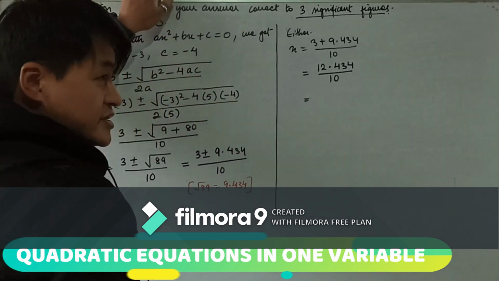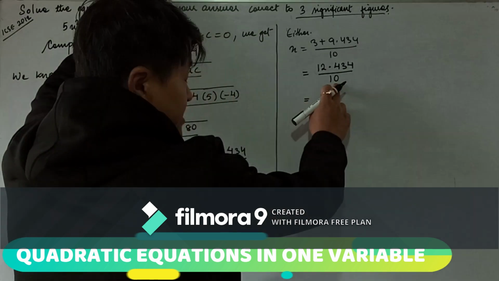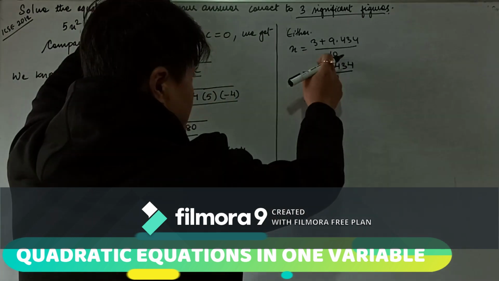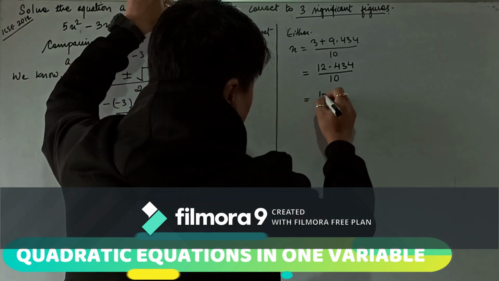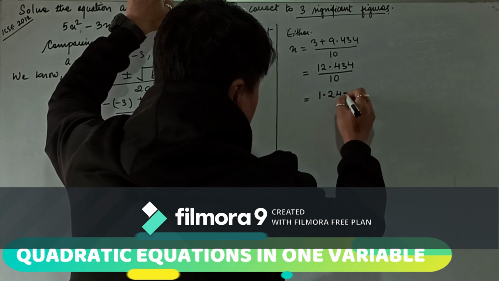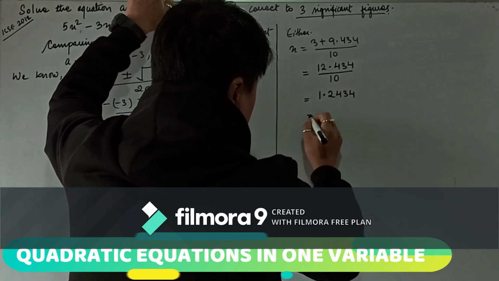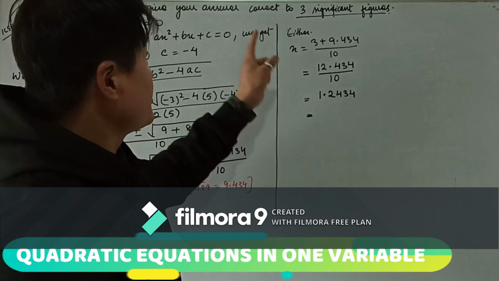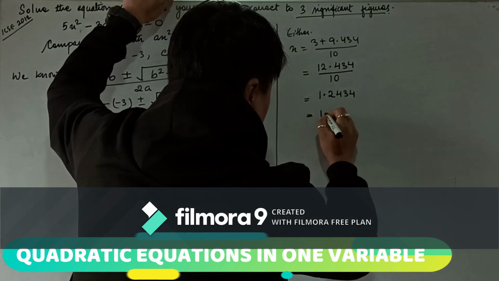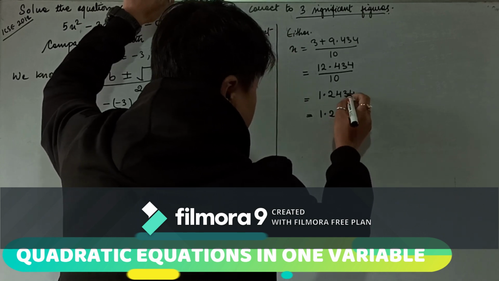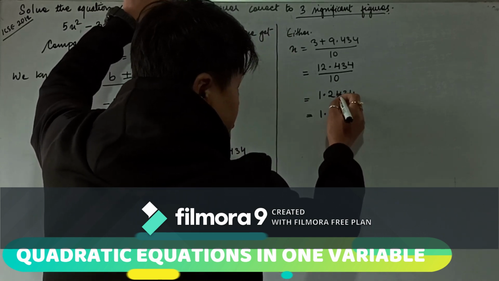So work with the decimal. If it is divided by 10, this will shift one place ahead. So this will become 1.2434. Now we have to write our answer correct to three significant figures. So we'll write 1.24, and the fourth number is less than 5. We don't have to add.